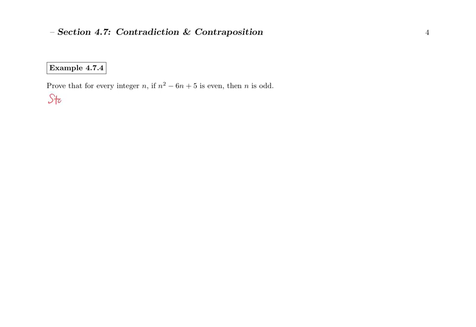So let's look at it. Our statement would be, for all n in the set of integers, if n squared minus 6n plus 5 is even, then n is odd. And now we need to write our contrapositive.